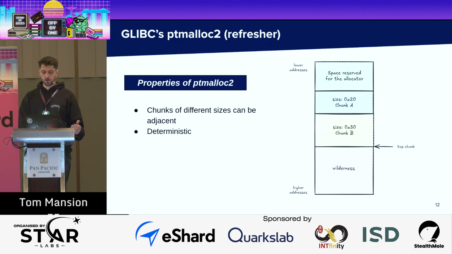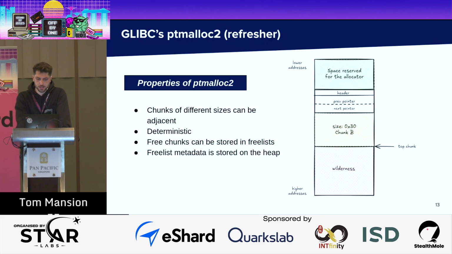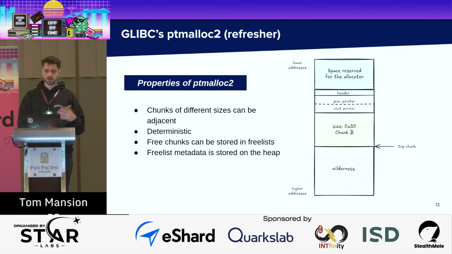But if we want to free chunk A, chunk B is in the way. So this case is a little bit more complex. We want to mark this chunk as free, and the way jemalloc does this is to store it in a free list, right? The idea is that the allocator keeps track of free chunks by storing their addresses in linked lists. There are different types of lists for chunks of different sizes, but the idea is always the same.